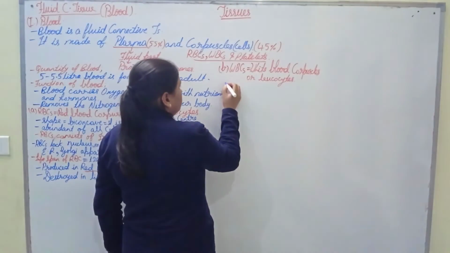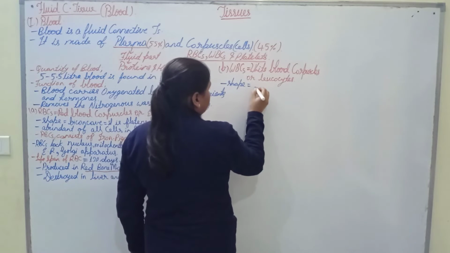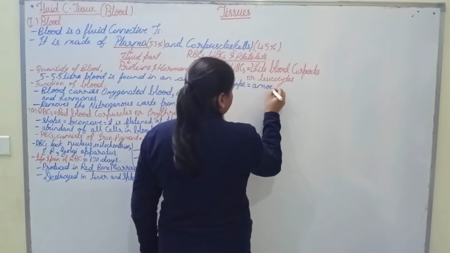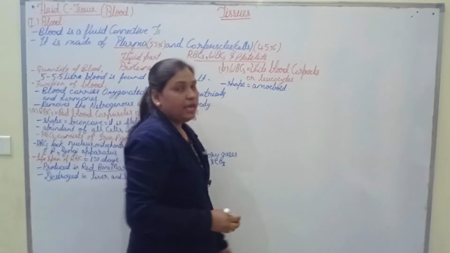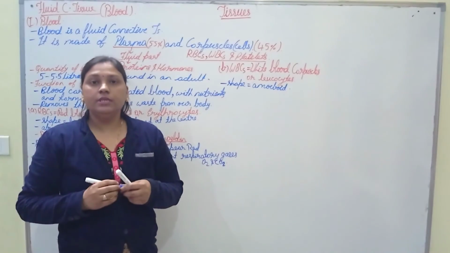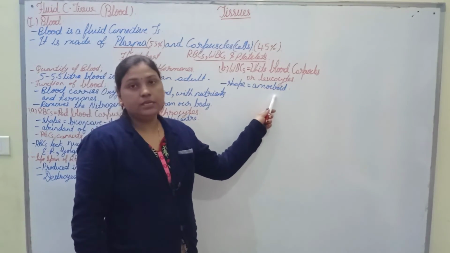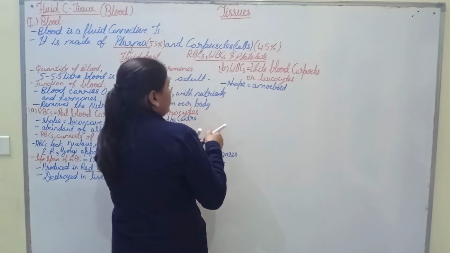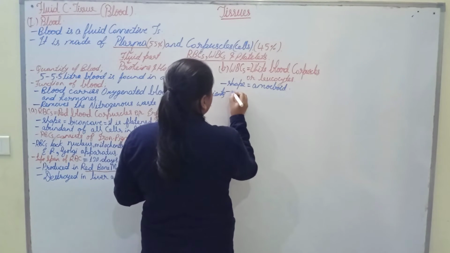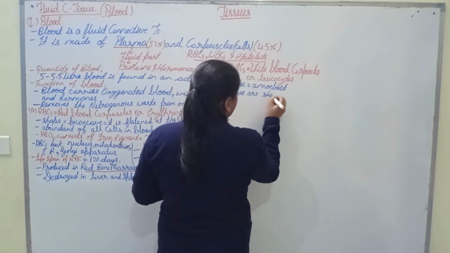The shape of white blood cells is amoeboid. Like amoeba, WBCs can also change their shape. So the shape of WBC is amoeboid. These are very short-lived.